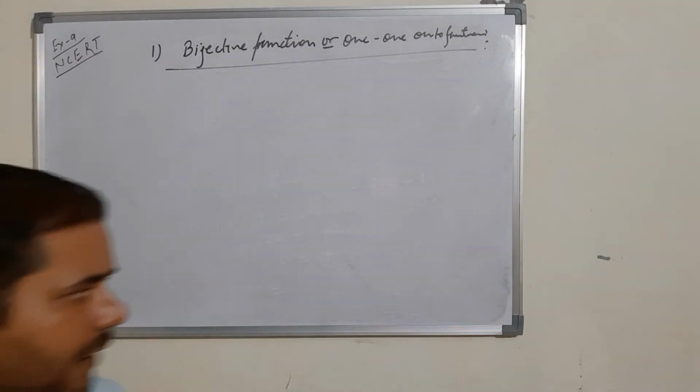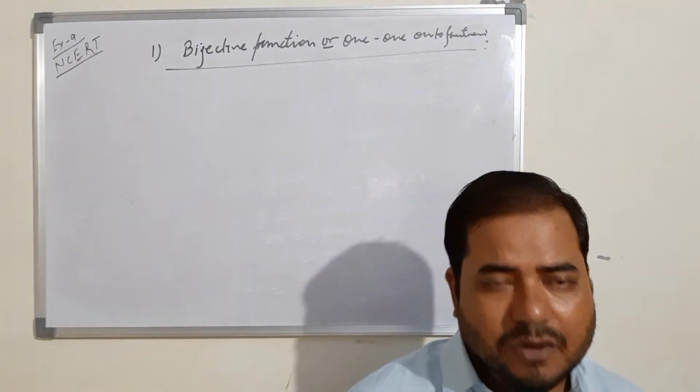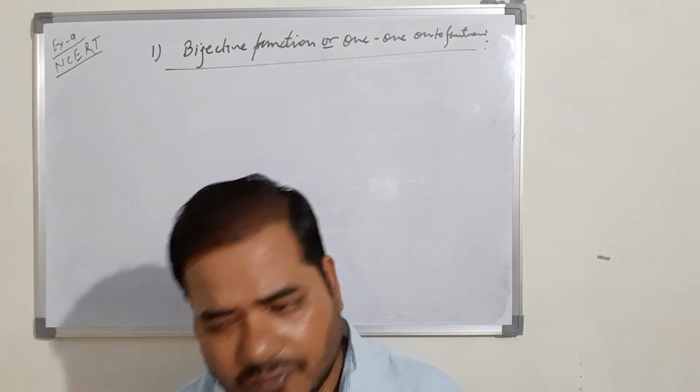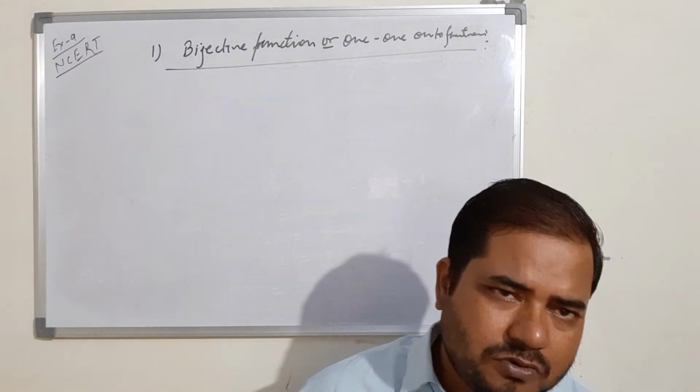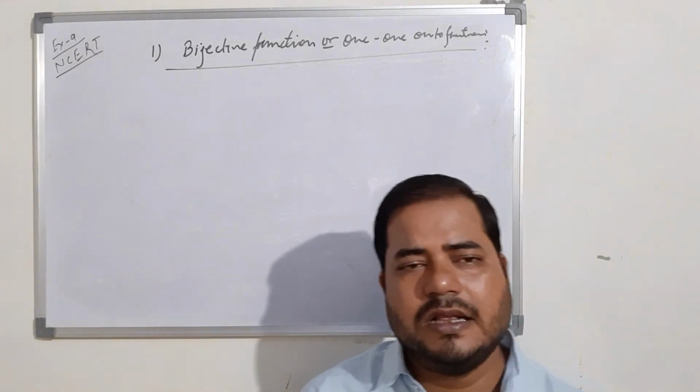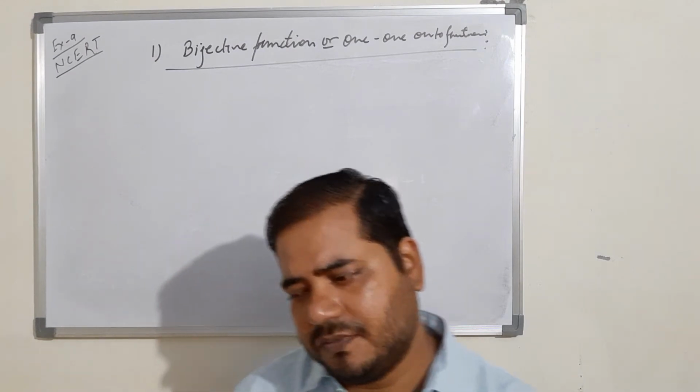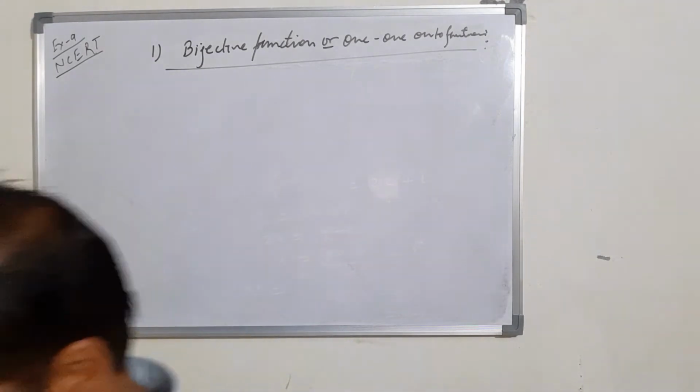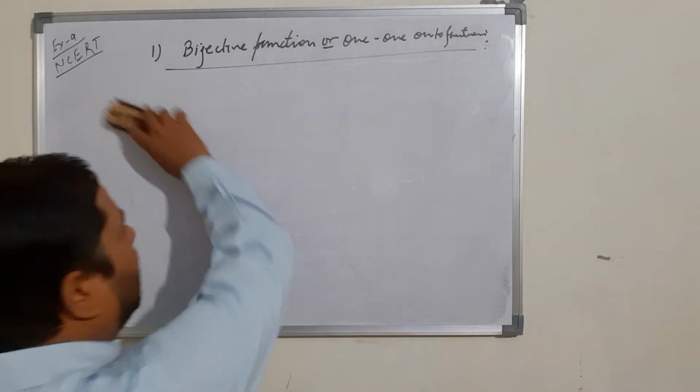And also one thing, the most important thing is the invertible function. What is an invertible function? There are two methods to prove a given function is invertible. First of all, we define the invertible function. Invertible function क्या होता है?